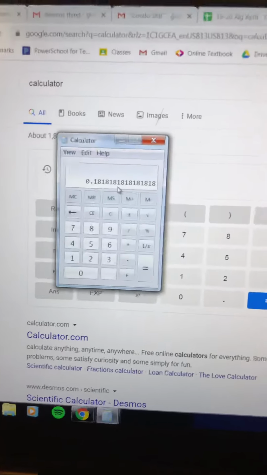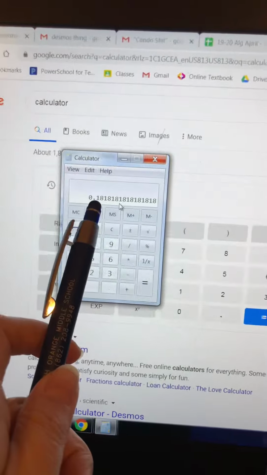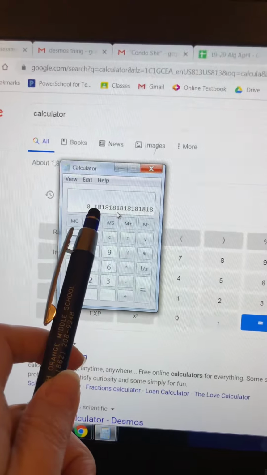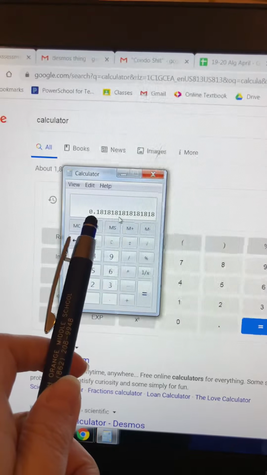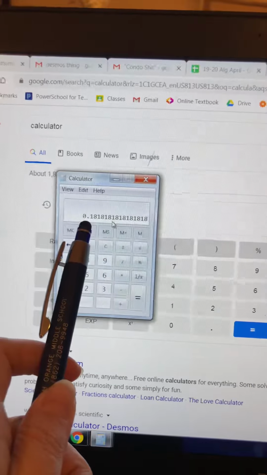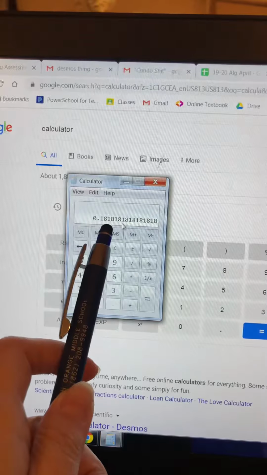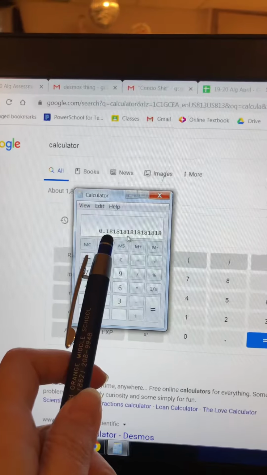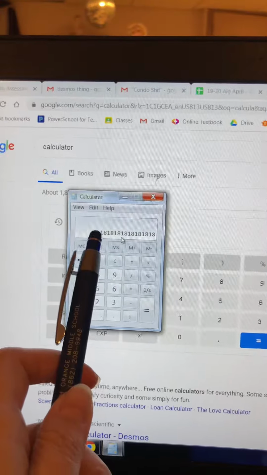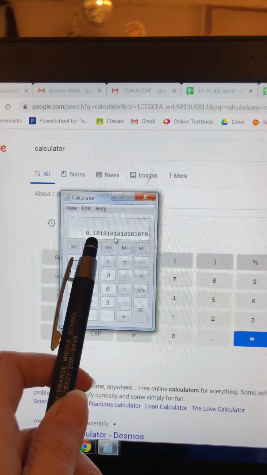I just want you to round to the nearest tenth. The nearest tenth is the number that comes right after the decimal place. 0.18 rounds to what? Does it round to 0.1 or does it round to 0.2?